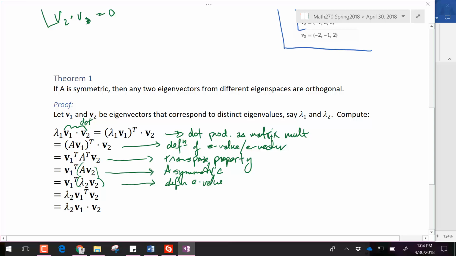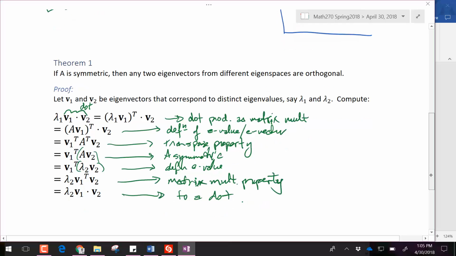And then we can play around with a couple of other things. This is the associativity of a scalar in matrix multiplication. It's one of the properties for matrix multiplication, that if you have a scalar, you can move that outside, and then this is changing this into a dot product again.